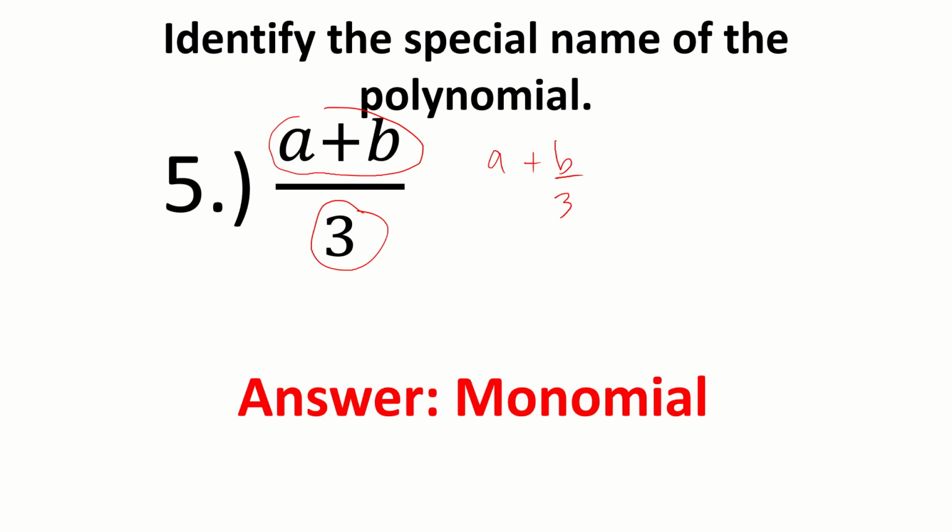So, monomial. It doesn't mean that if you're seeing two terms on the numerator, then it's binomial. You have to check that there's only one fraction in here. It's like saying, for example, if we have 5/3, you can simply write it as 3 plus 2 all over 3. But still, originally, you only have one fraction in the first place. So, monomial.